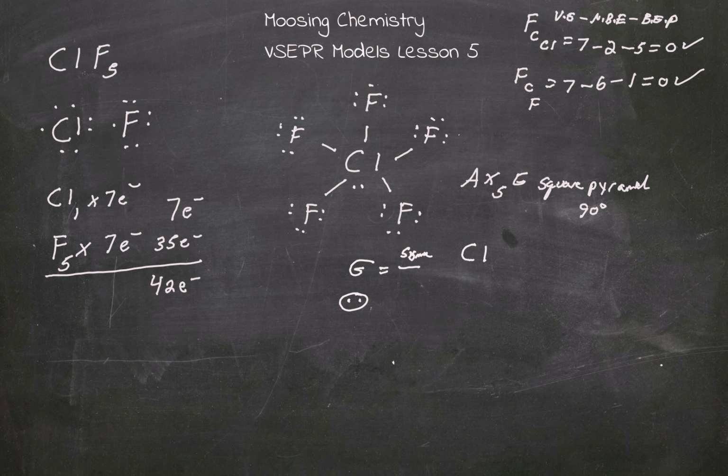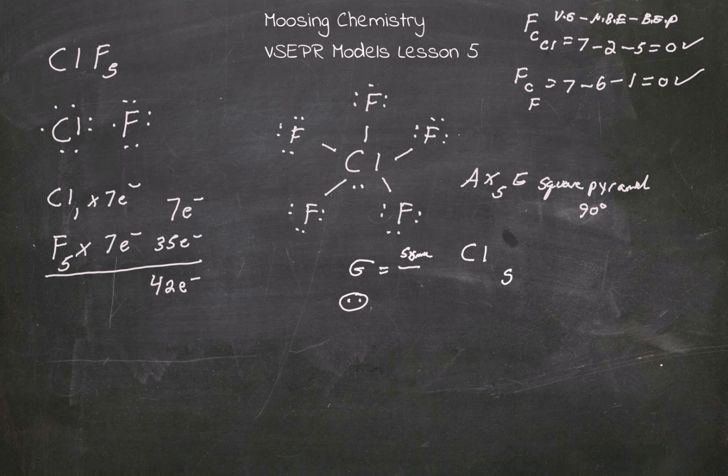Okay, so now we're going to count the chlorine here. We have 1, 2, 3, 4, 5 sigma bonds and 1 lone pair. So that gives us a total of 6. So 5 sigma bonds and 1 lone pair.